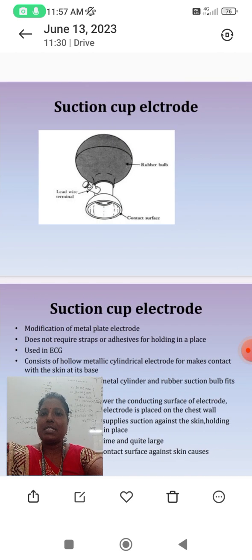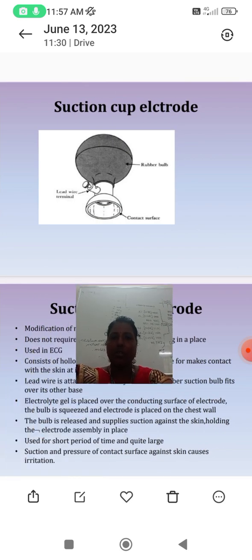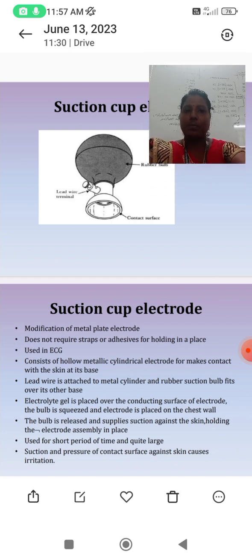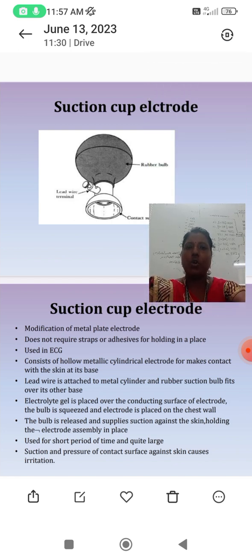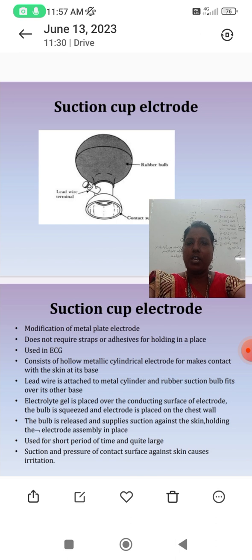And the next type is suction cup electrode. So, in this suction cup electrode, we don't have straps or adhesives for holding it in place. And this suction cup electrode is used in ECG.